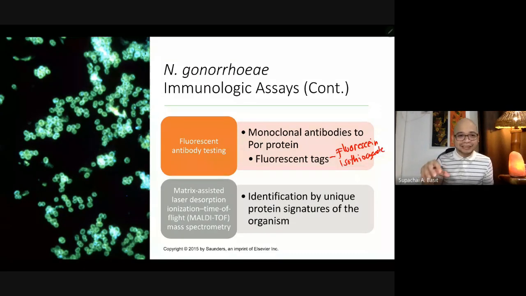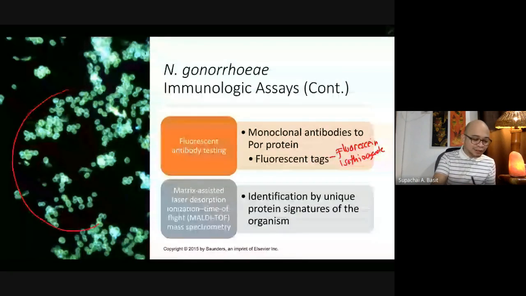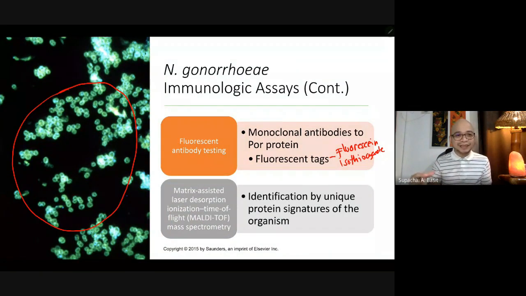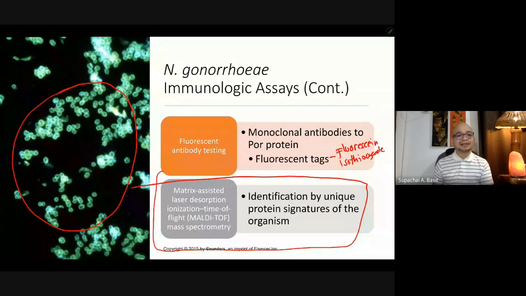Fluorescein isothiocyanate will allow gonorrhea to glow in the dark when you use a fluorescent microscope. So it's much easier for us to look for Neisseria gonorrhoeae, and it is also more sensitive than using a gram stain.